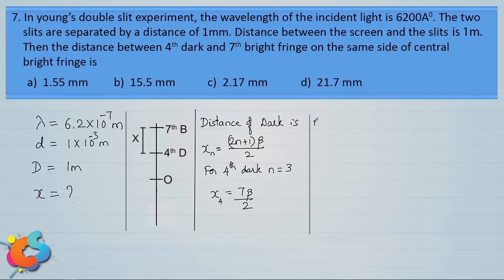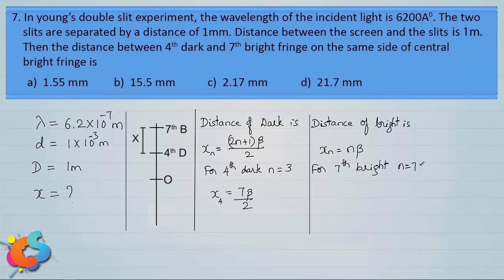Then the distance of any bright fringe from the center can be calculated using the formula xn is equal to n beta. For the seventh bright, n is equal to 7 itself. Students should be aware of this difference.